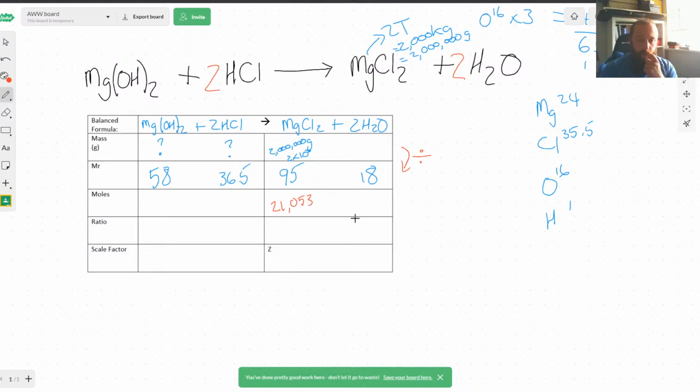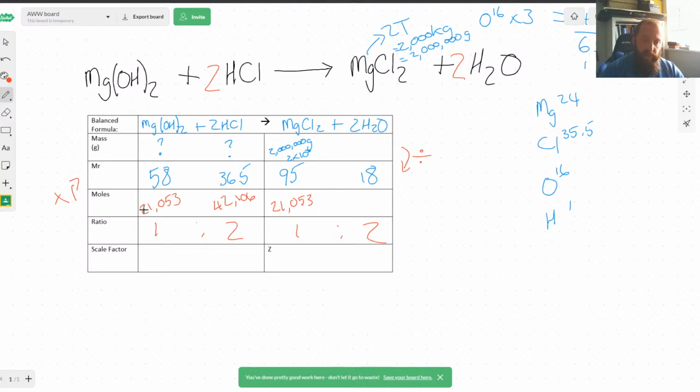Okay. I'm going to look at my ratios again. 1 of those to 2 of those to 1 of those to 2 of those. So therefore, I'm going to need twice as many hydrochloric acid as magnesium hydroxide. So I'm going to multiply this number by 2, which should be 42,106. Going back up, I multiply.